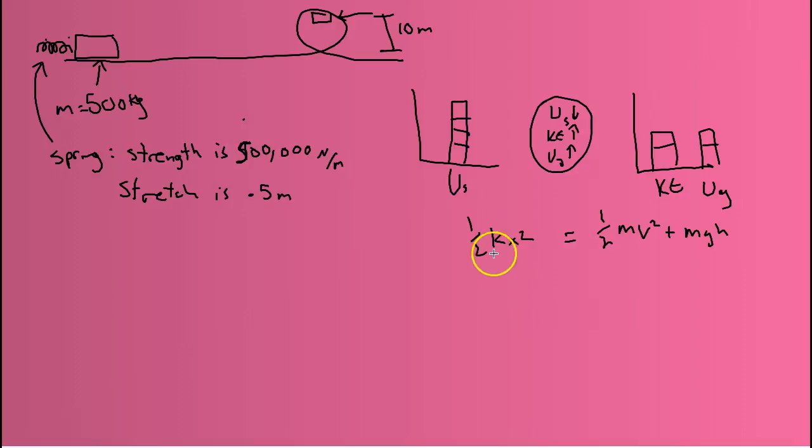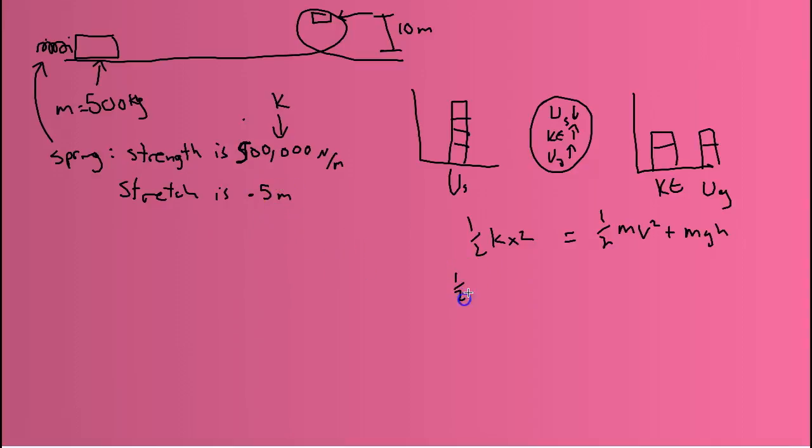Okay, so from here now, I can actually go in and substitute these values. So for example, the mass I was given is 500 kilograms, so I can put that in for m. The strength of the spring, which is the k value, is 500,000 newtons per meter, and the stretch is 0.5 meters.